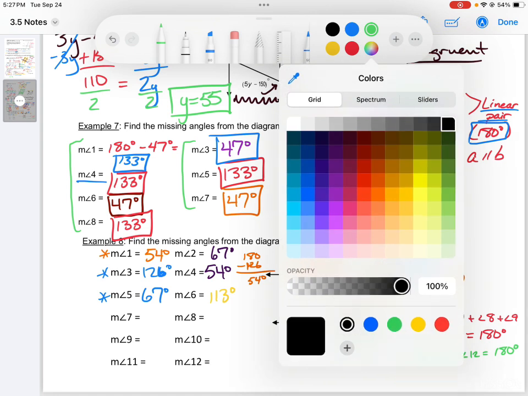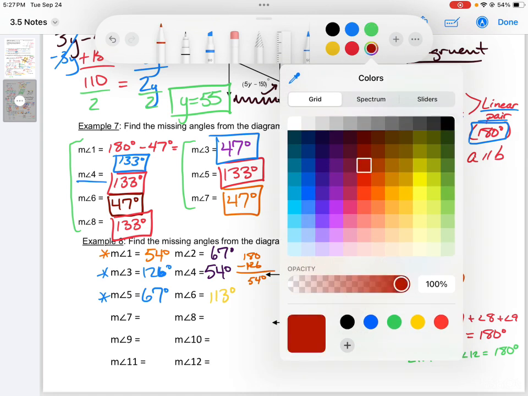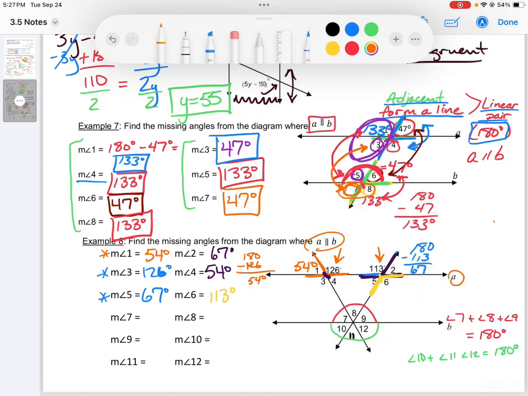Another thing I want to visually point out here is that angle 126 up here, this 126 degree angle. You see how 8 and 9 are corresponding to that? So 8 and 9 together should also equal 126.